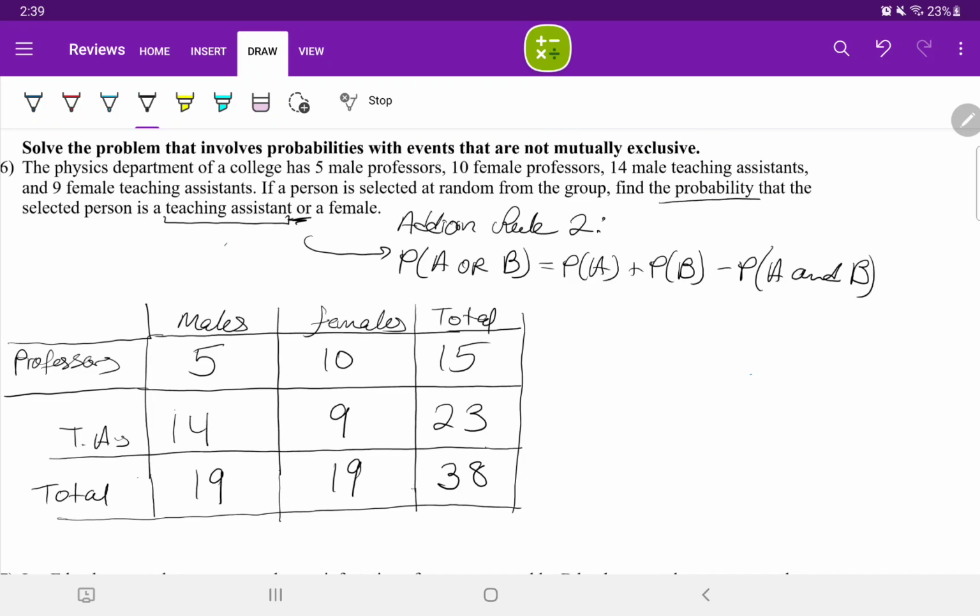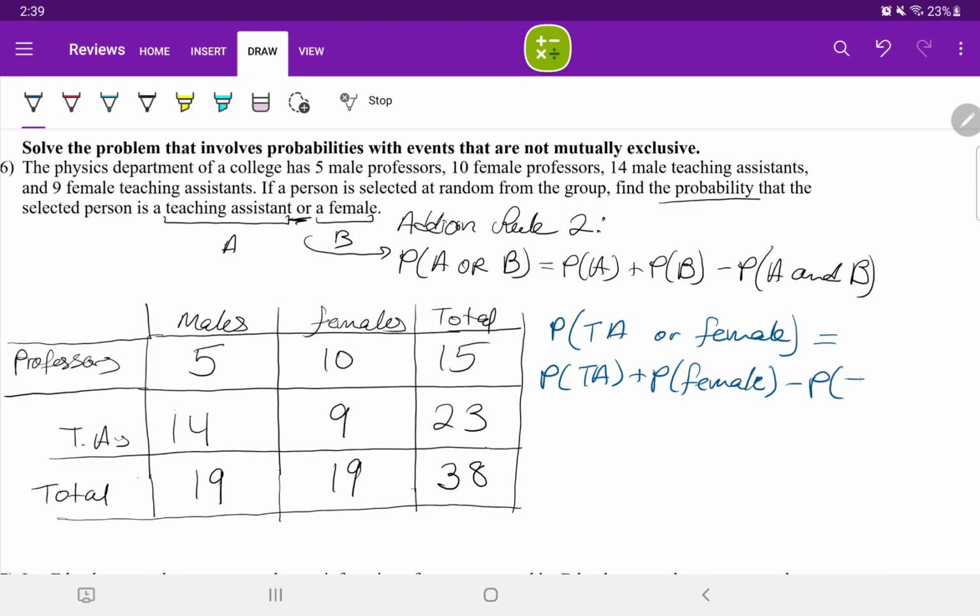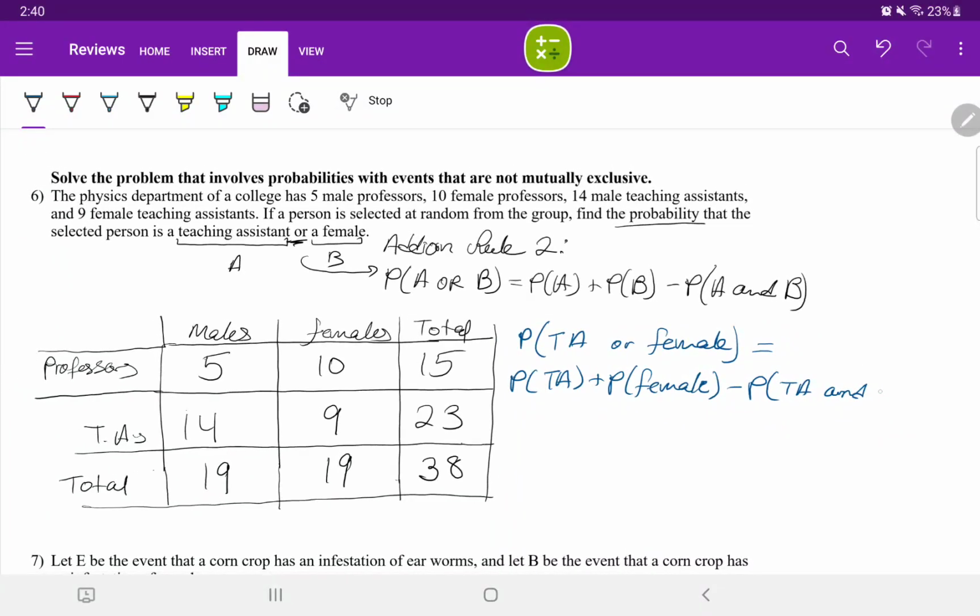I'm going to call my teaching assistant A, my female event B. So the probability of a teaching assistant, I'll call that TA, or a female equals the probability of a TA plus the probability of a female minus the probability of a teaching assistant and a female. And we can call this both a teaching assistant and a female.